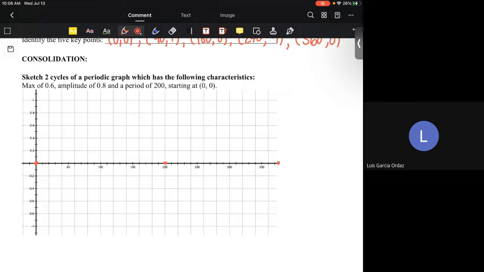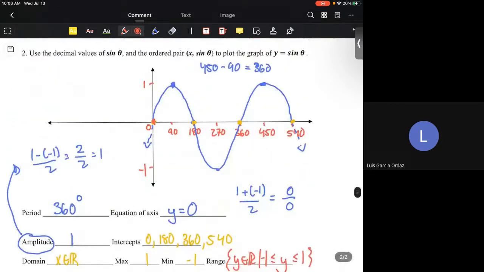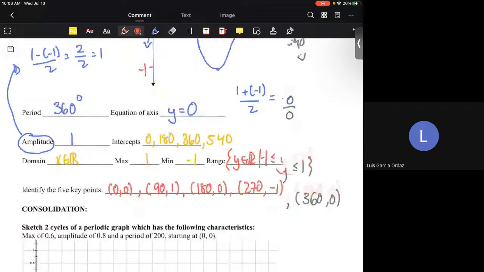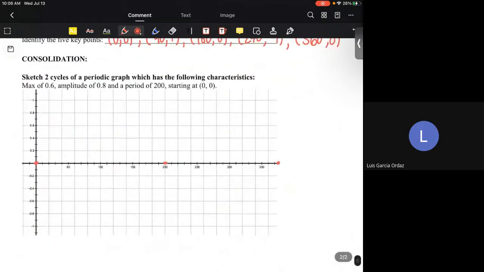So again, like any sine function, remember we have our x-intercepts. We have 1, 2, 3, 4 of those. Because we're drawing 2 cycles here, we're going to have to figure out how we might be able to do this. So our max is 0.6. Our max is going to be at 50, which is 0.6 over here.